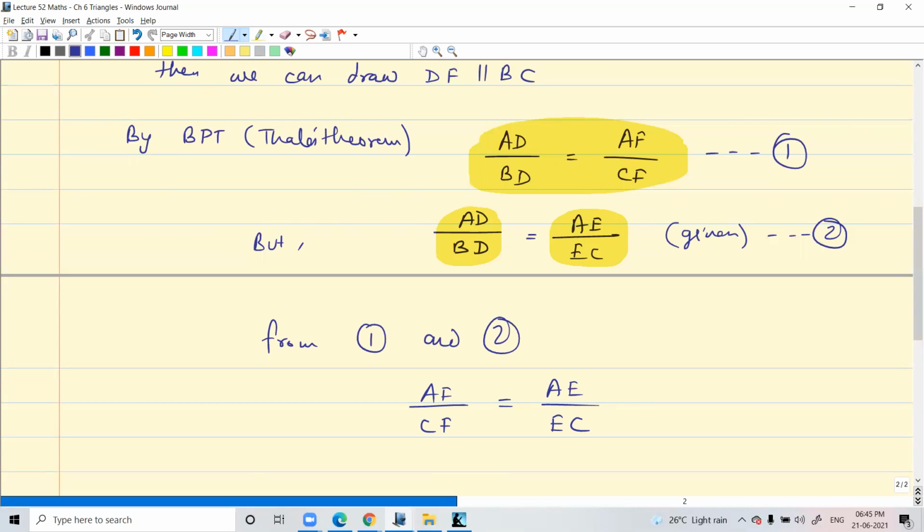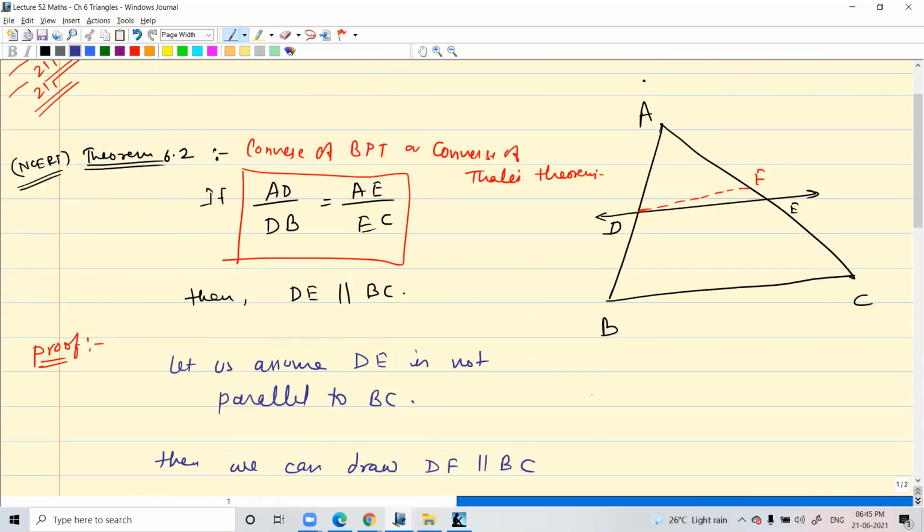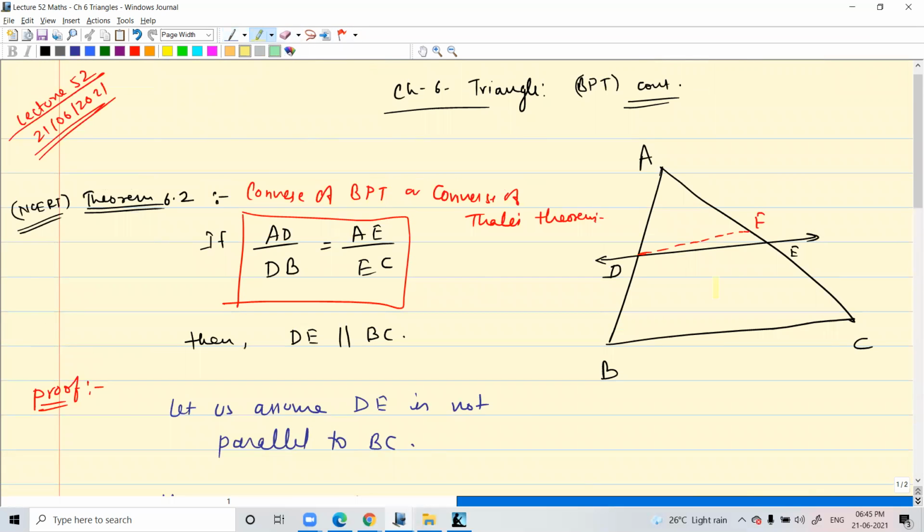Okay. Now, how can we prove that DE is parallel? So the idea we are going to use is, we are saying that AF by FC is equal to AE by EC.